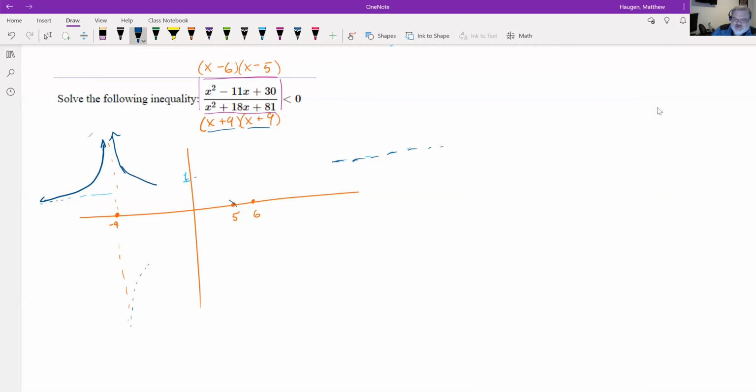So this thing has to come down through that 5. It's multiplicity 1, so it just slips right through. And we know we have to come up through that 6 and then end up asymptotic. And we know we have to pass through because those are multiplicity 1 x-intercepts. We know we can't pass through anywhere else because if we passed through anywhere else, we'd have an x-intercept there, and we don't.